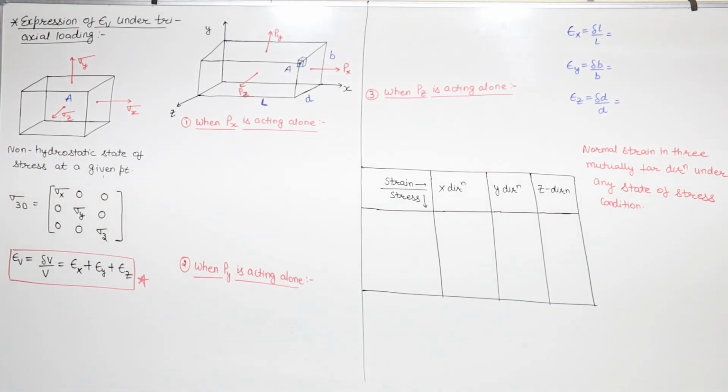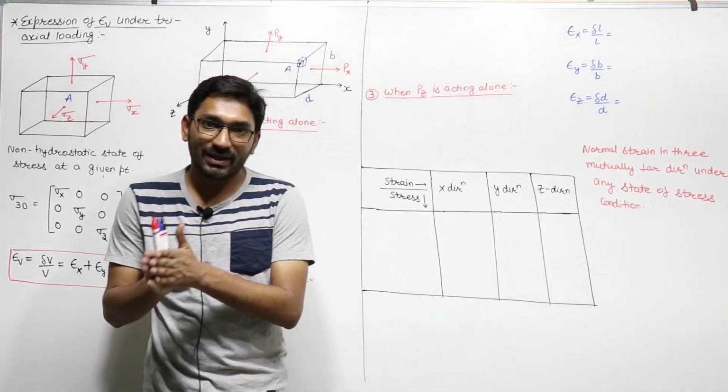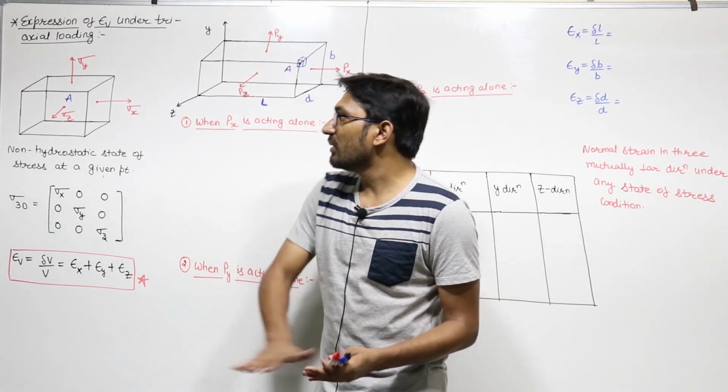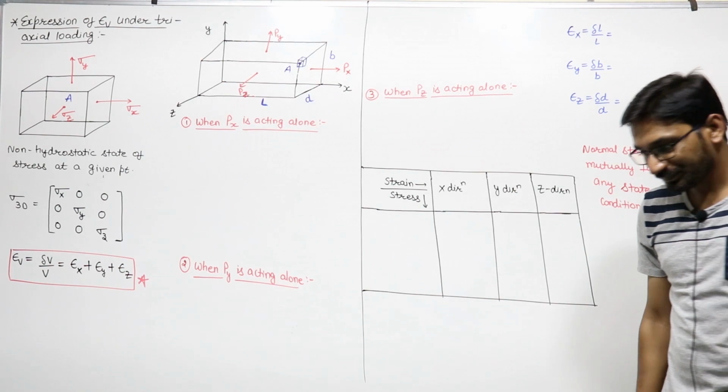We know this. Now let us find what is the strain in x-axis, what is the strain in y-axis, and what is the strain in z-axis because of this triaxial loading case.